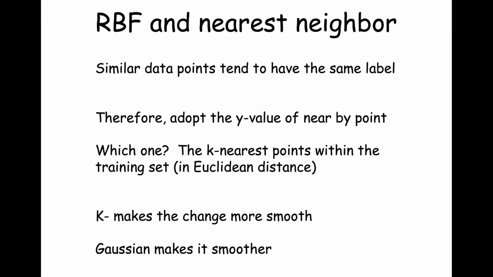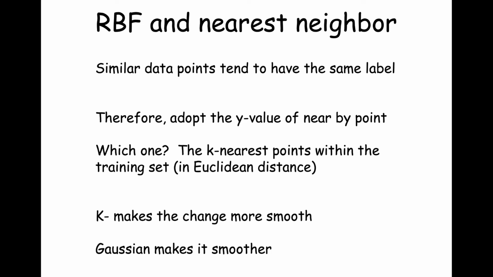Now, there are a class of similarity-based methods that take the label associated with data points and effectively propagate it to new inputs. And it's done by looking at what is nearest in feature space, this idea of birds of a feather flock together.